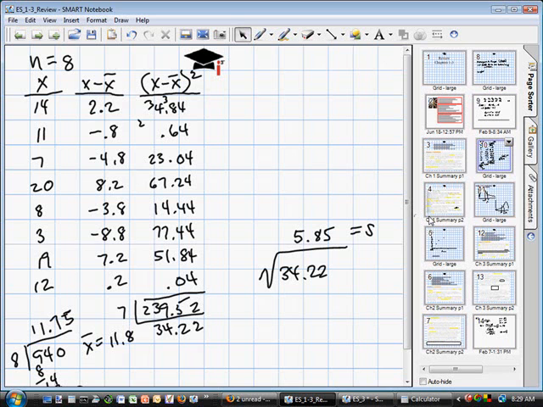So right before you take the square root, that's the variance. So the variance is 34.22. It's just right before you take the square root to do your final step.